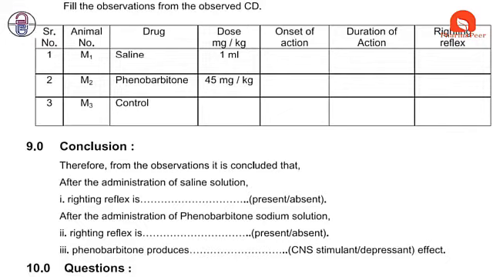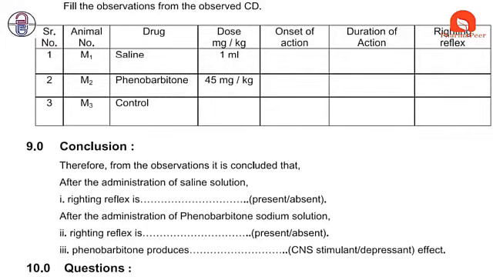Writing reflex is present when the duration of action has started. Here the writing reflex is absent, and again here the writing reflex is present. So we can represent the observation table this way. How can we conclude from the observation table?